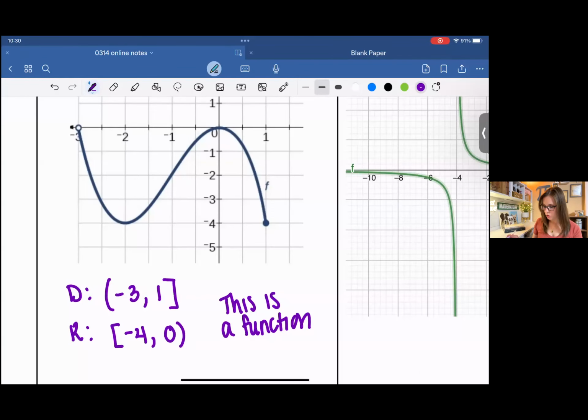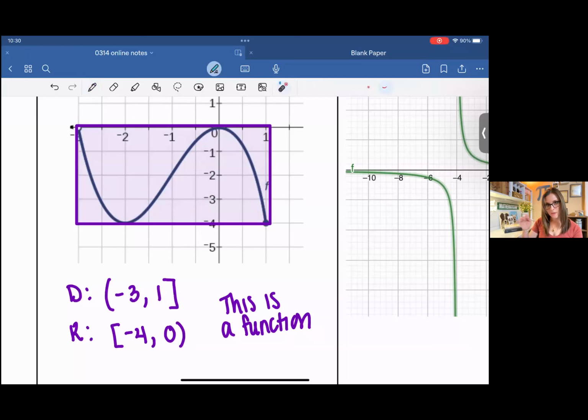If we were to draw a box around it, I'm going to confuse myself here because I cover up my points, but for the sake of viewing it, I need to draw that down a little bit. Here we go. Okay. The possible X values for domain goes from -3 to 1. That's where our X values live, -3 to 1.